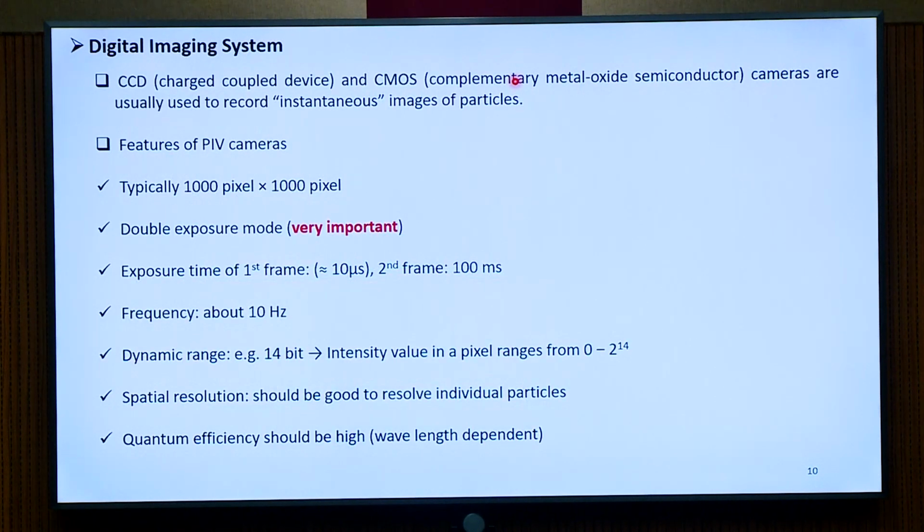Okay. So then the imaging system. Typically CCD or CMOS cameras are used. The most important aspect here is that the camera should be able to operate in double exposure mode. Double exposure mode means for PIV we need 2 laser pulses, as I mentioned, within a short duration of time.